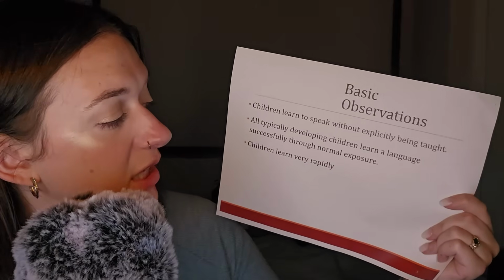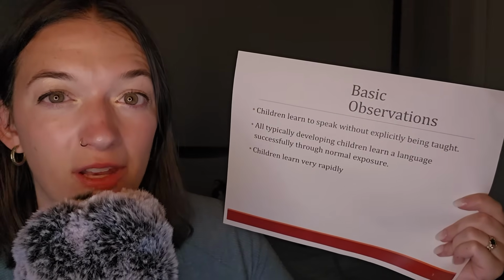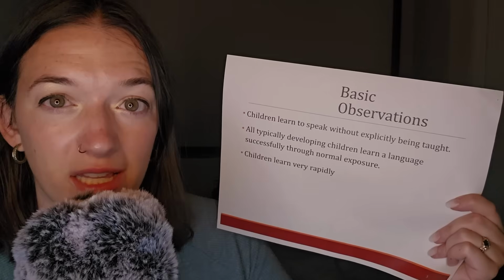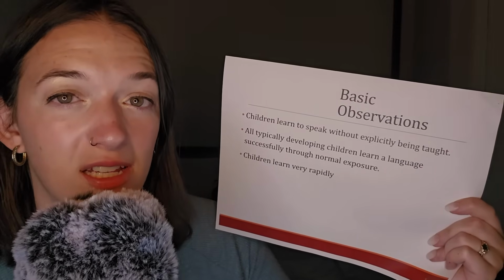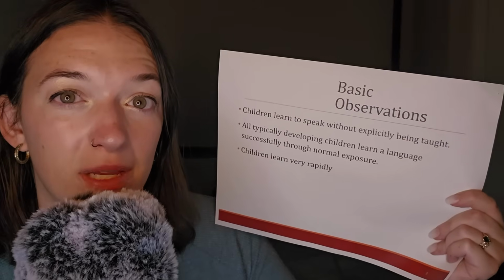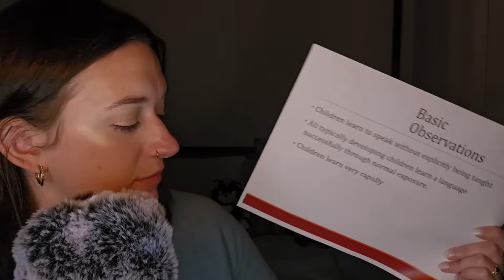And three, children learn very rapidly. Think about how long it takes you to acquire a language fluently or to a native-like level if you are starting as an adult, and compare that to how quickly children can become fluent speakers of their native language.